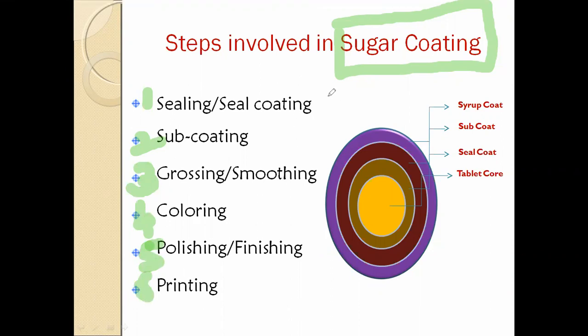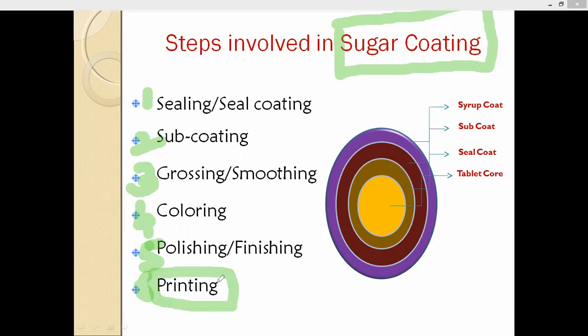Normally we can say there are 5 steps involved in sugar coating. Now suppose you want to print something onto your coating which you have applied, you will have one more additional step, that is printing. Let's explore them one by one.